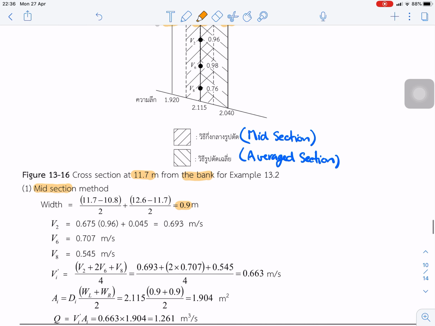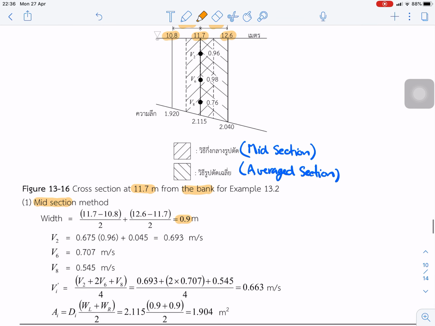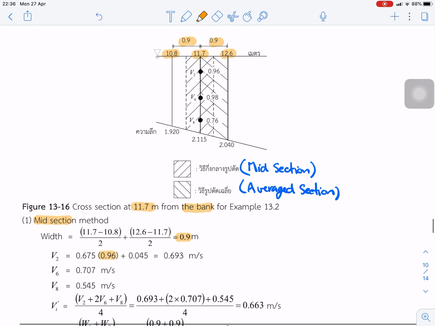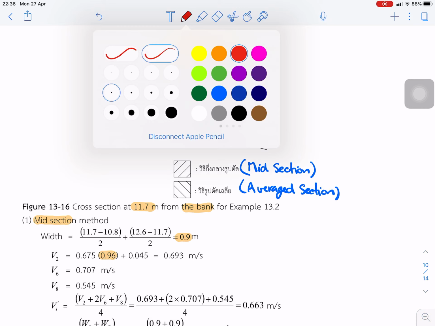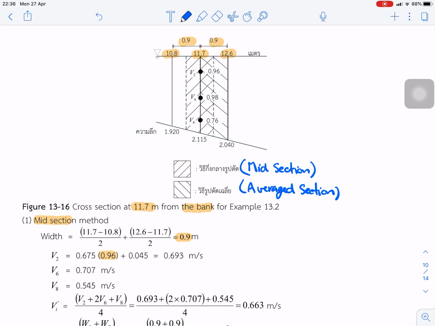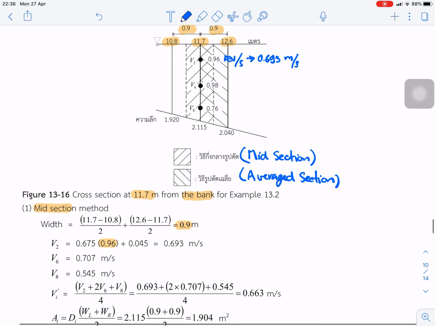For velocity, we convert from the revolutions per minute, which gives 0.693 meter per second.